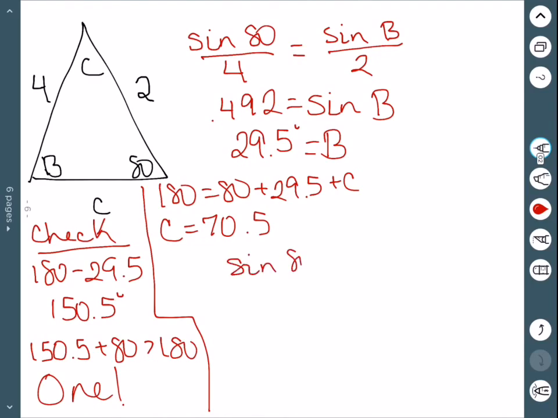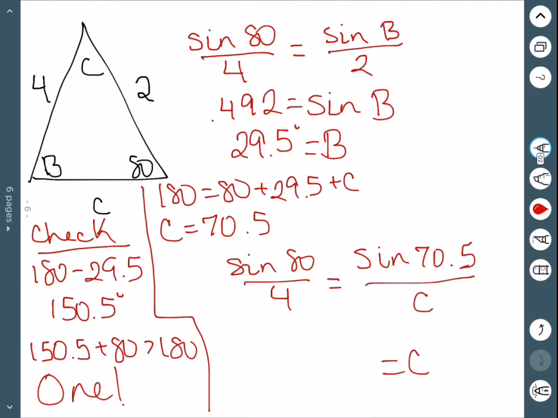We know that sine of 80 over 4 is equal to sine of 70.5 over the side C. And now if we solve this equation, we can get C. And when we do, we get approximately 3.83. So now I have solved this triangle.